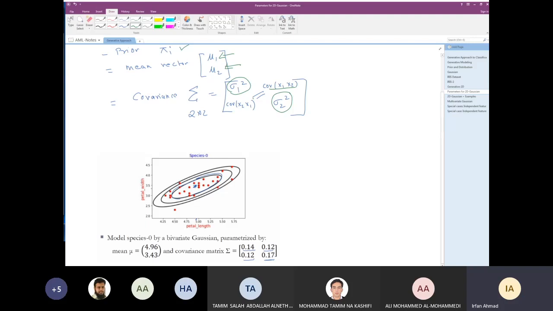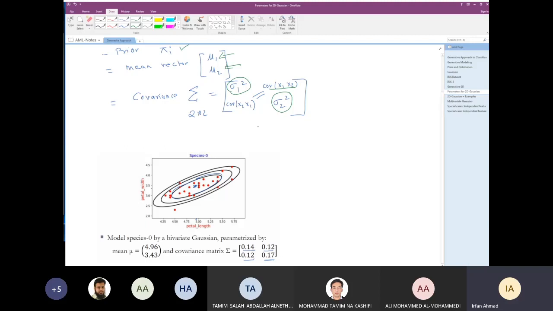So what's the equation? How do we find the covariance of two features? Before even going to the details, we are speaking about the dependence. So covariance between two features is modeling the dependence between feature 1 and feature 2. So how do we find the covariance?